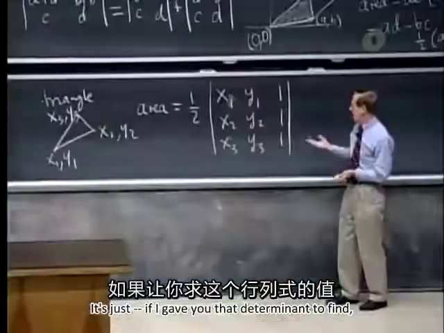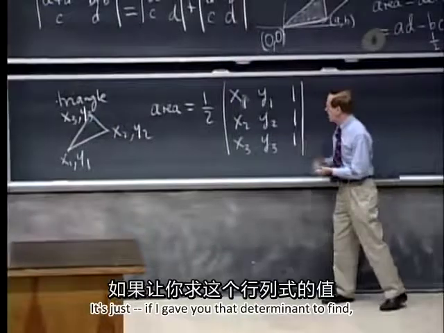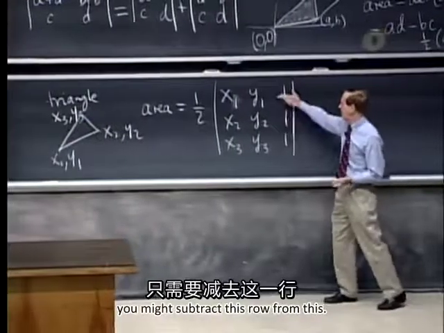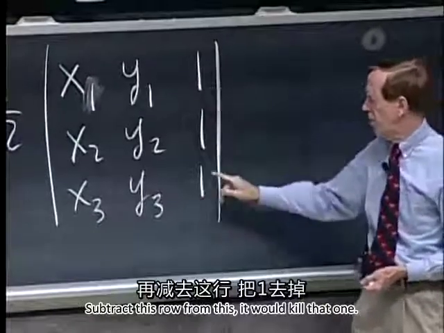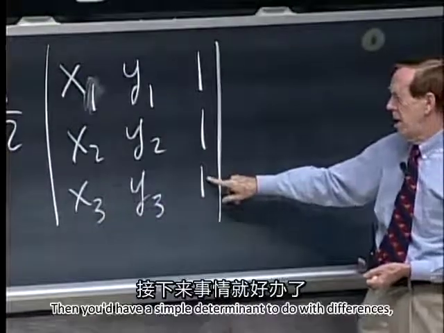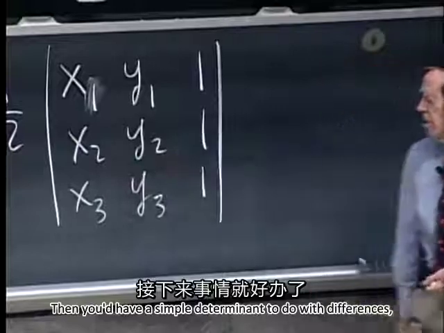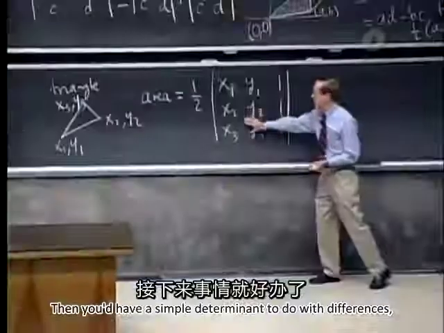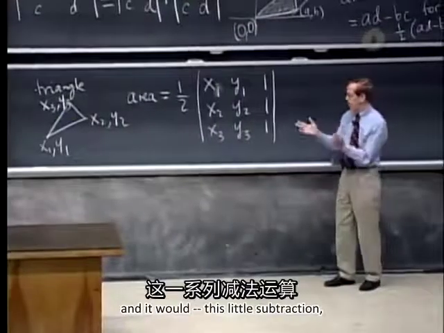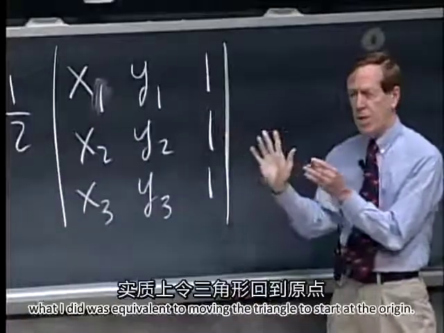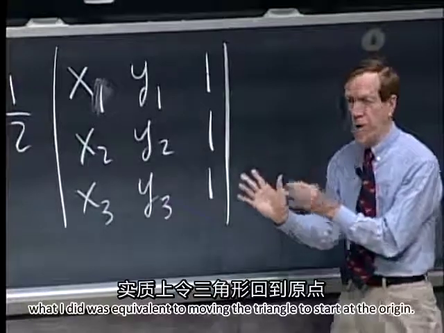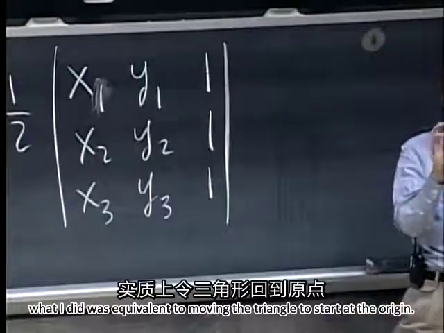If I gave you that determinant to find, you might subtract this row from this, which would kill that 1. Subtract this row from this, it would kill that 1. Then you'd have a simple determinant to do with differences. This little subtraction was equivalent to moving the triangle to start at the origin.